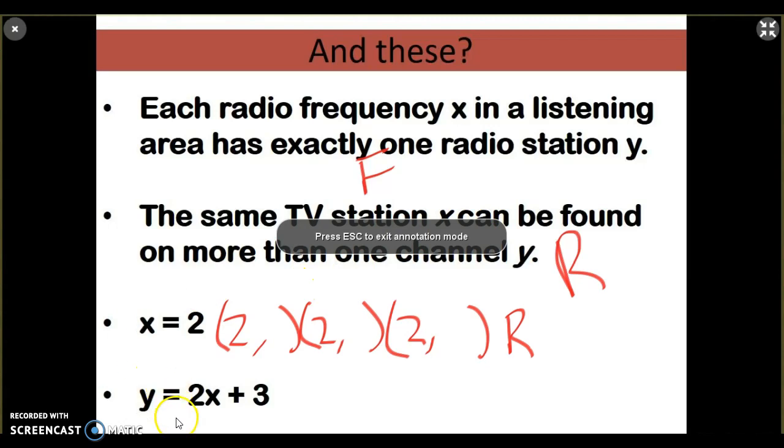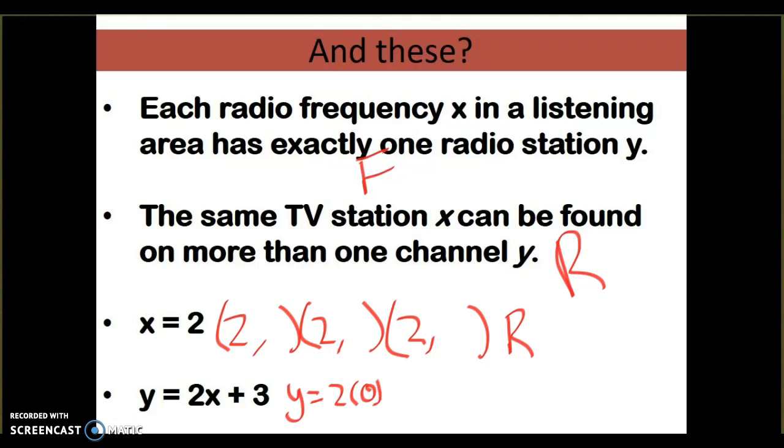Looking at this next one, if I were to put in an input here for X, let's say we put in an input of 0, I would end up with 2 times 0 plus 3. Well, 2 times 0 is 0 plus 3, and I end up with an output of 3. So here I have an input of 0 and an output of 3.